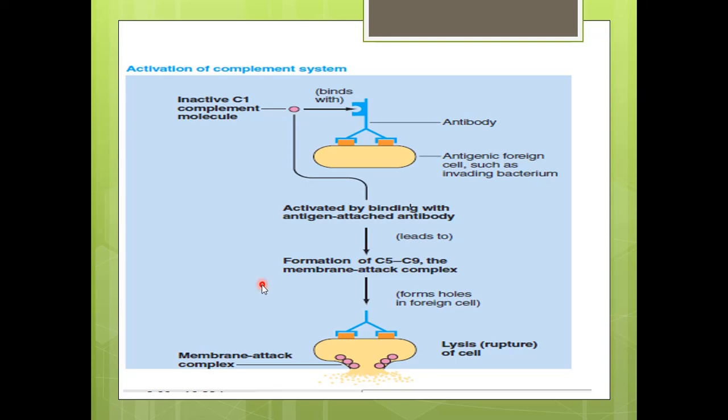There can be neutralization or lysis of the invading agents by potent antibodies. Antibodies can also act as opsonins, causing opsonization of invaders such as bacteria, and after opsonization, these bacteria are engulfed by the phagocytes. The indirect actions of the antibodies are produced through activation of the complement system.